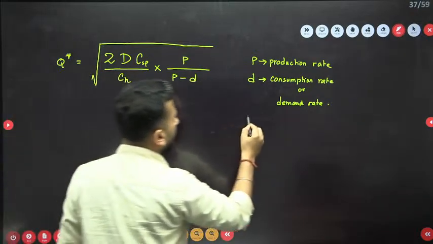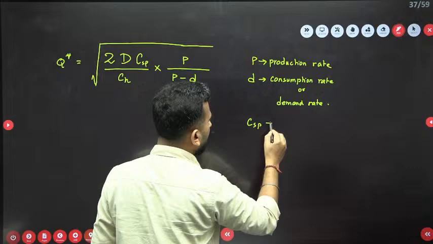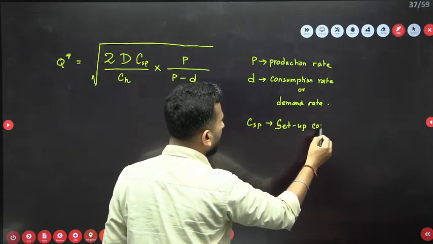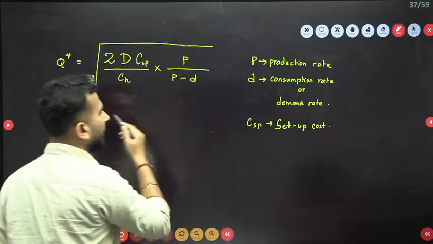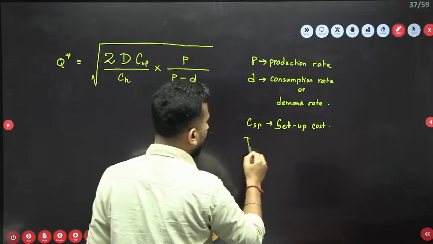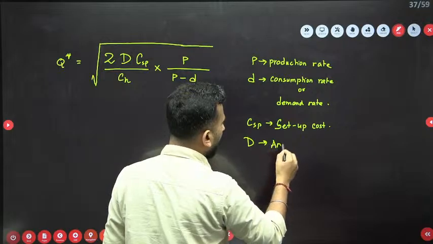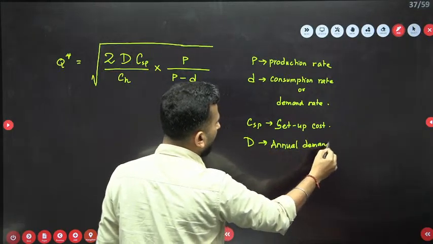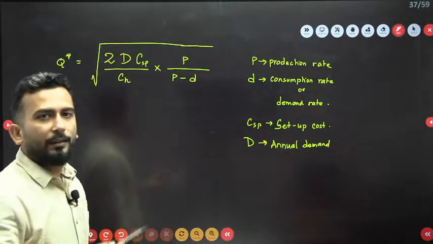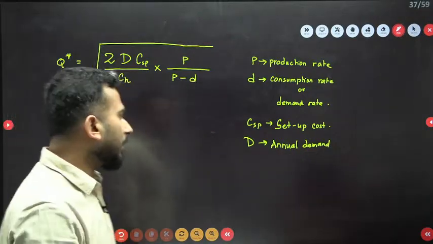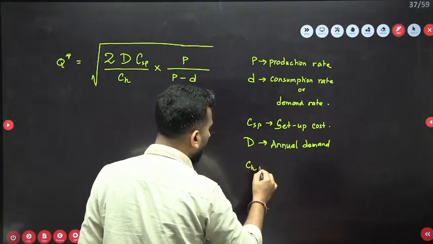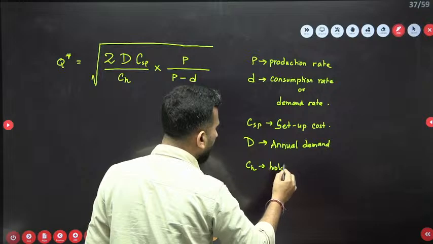CSP is the setup cost, and capital D, it is the annual demand. When I have written annual, it means it is the demand rate, that is demand per unit time. CH is the holding cost.